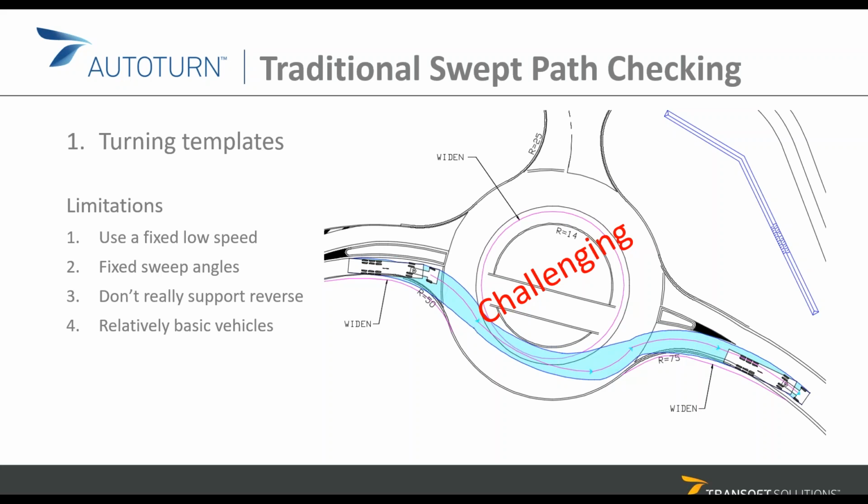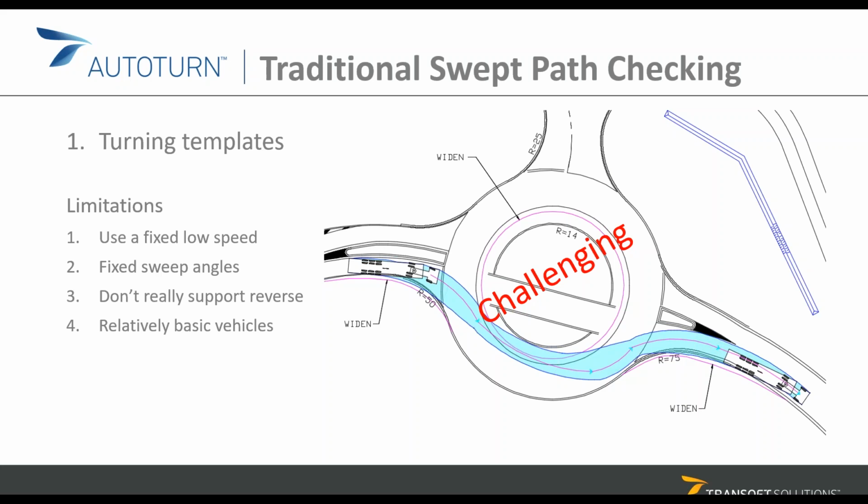The manufacturer will provide you with the turning characteristics and a turning circle, but trying to replicate the maneuver of those vehicles using a turning template, or trying to come up with a turning template and do the maneuver, is even more challenging than the scenario we're currently seeing.